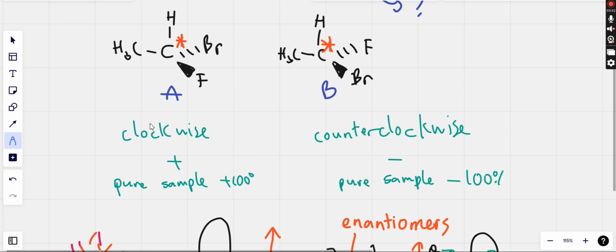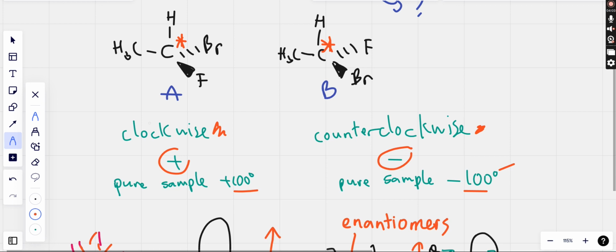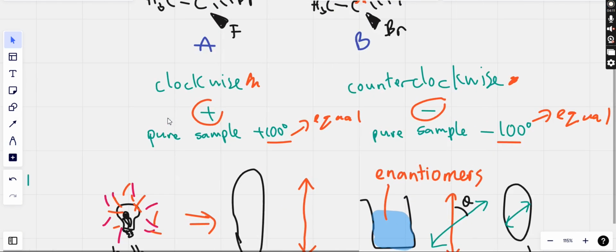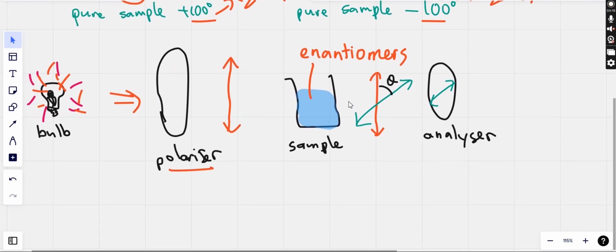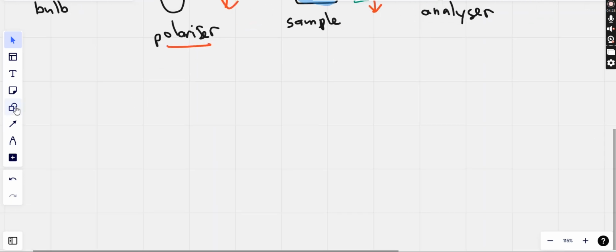So they rotate in opposite directions, but equal magnitude. Okay, so here is a sample question that I will show you guys later on. And the next thing that I want to talk to you about is a racemic mixture.